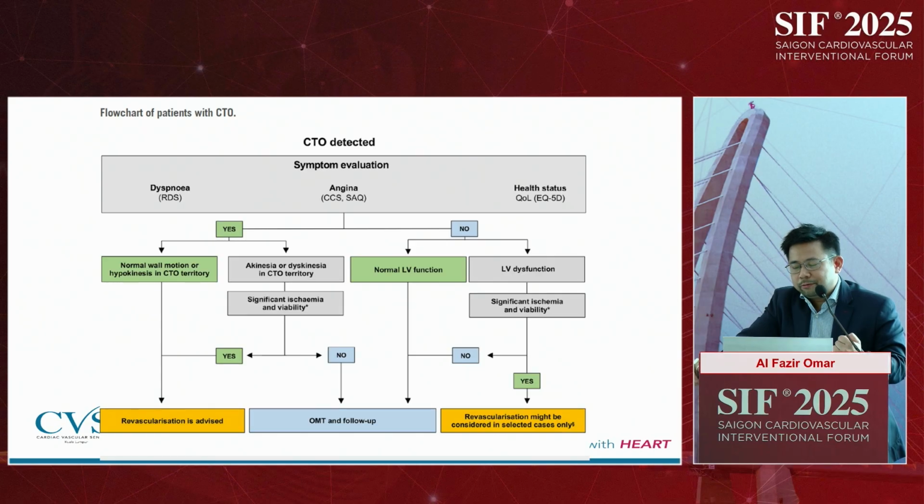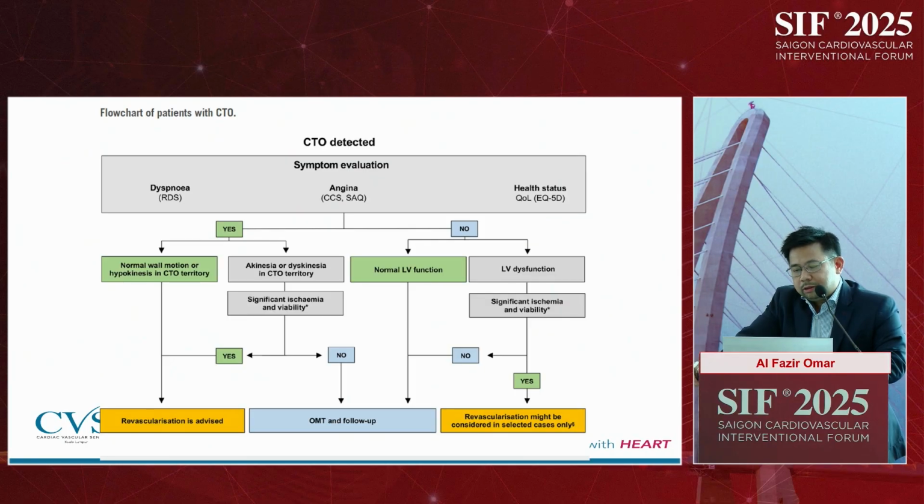Because sometimes most of us will see a CTO and go immediately to revascularization, but you need to go through these steps. If they have akinesia or dyskinesia, then you need to show how much significant ischemia and also viability. And I'll show that on the next slide. If they are not viable or have no ischemia, then you go for optimal medical therapy.